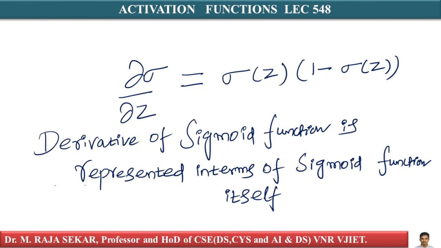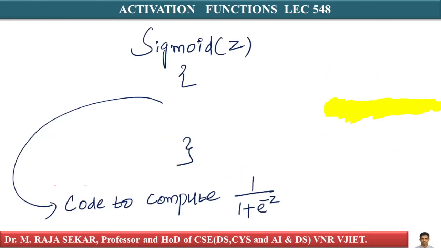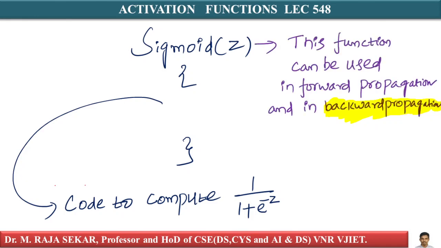If you implement a function called sigmoid of z, you write some code to compute 1 by 1 plus e^(-z). This function that you write can be used in forward propagation as well as in computing derivatives.